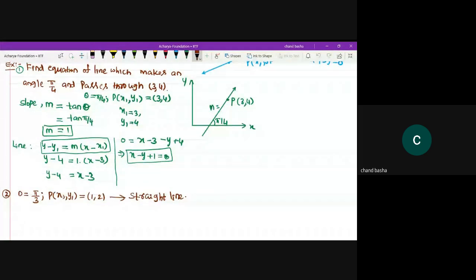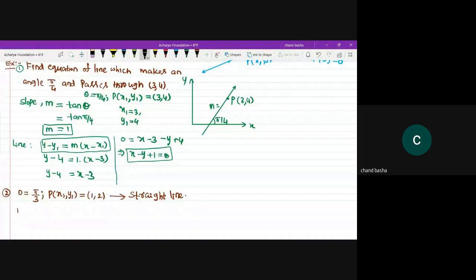So we have it in terms of square root, so there is a problem to write. Let's see here. As you said, m, that is the slope, is equal to tan theta, that is tan of pi by 3. Pi by 3 means it is 60 degrees. Tan 60 is root 3. So we can write y minus y1 is equal to m into x minus x1.